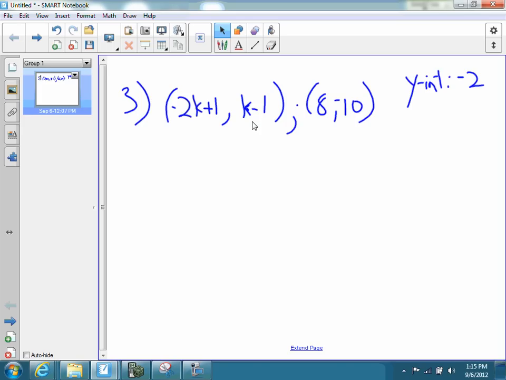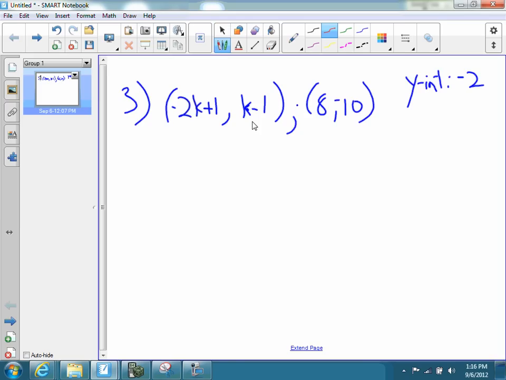So I have several different forms of a linear equation. The two that are mostly used in algebra are the point-slope form and the slope-intercept form, right? And they have something in common.